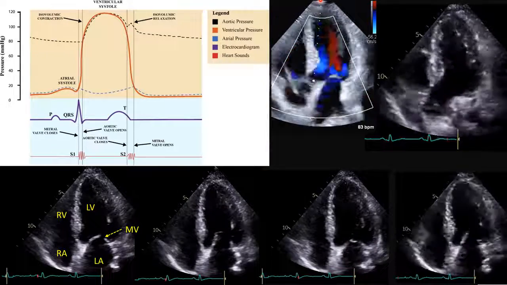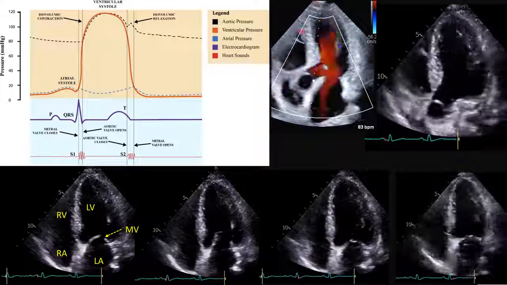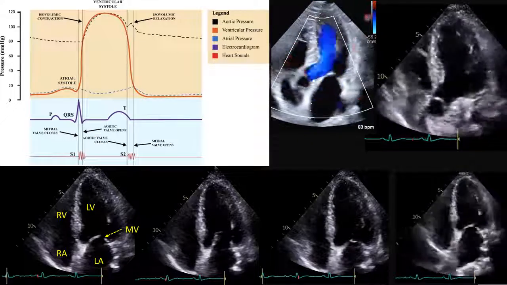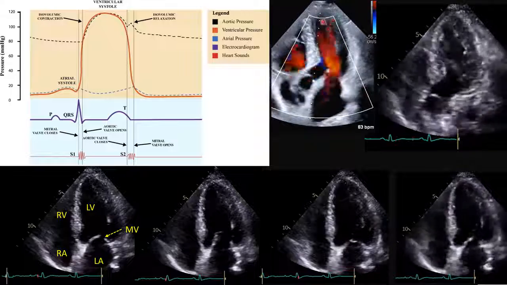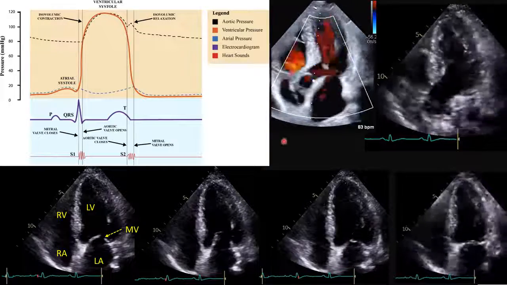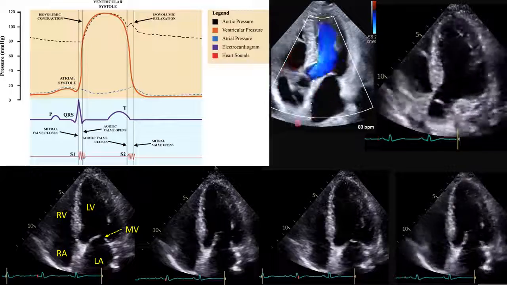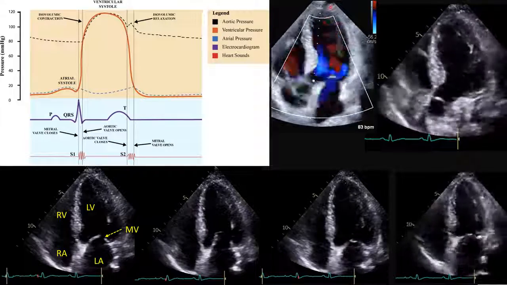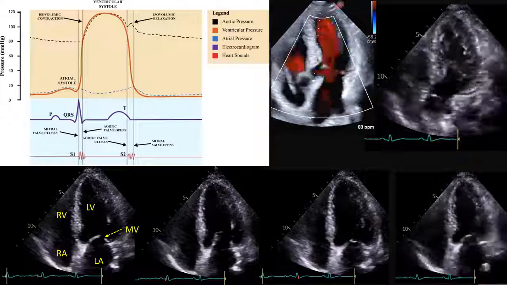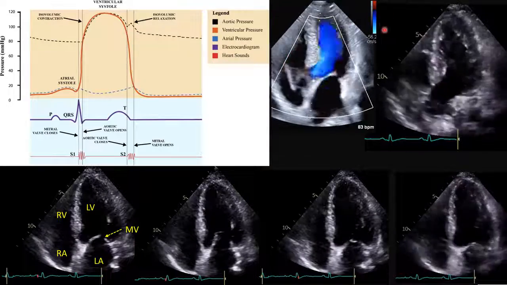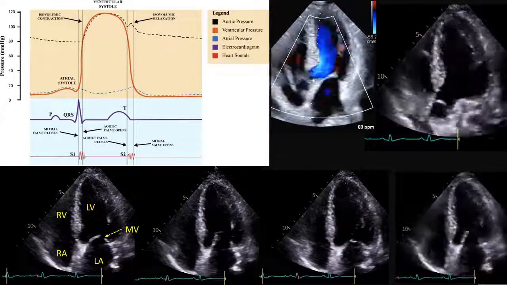Our probe is here, at the top of this sector. If blood goes toward the probe, based on this landmark, it shows red. If it goes away from the transducer, it shows blue. So we call it a positive shift when it goes toward the probe, and the color is red, and when it goes away from the transducer, a negative shift, and the color is blue.